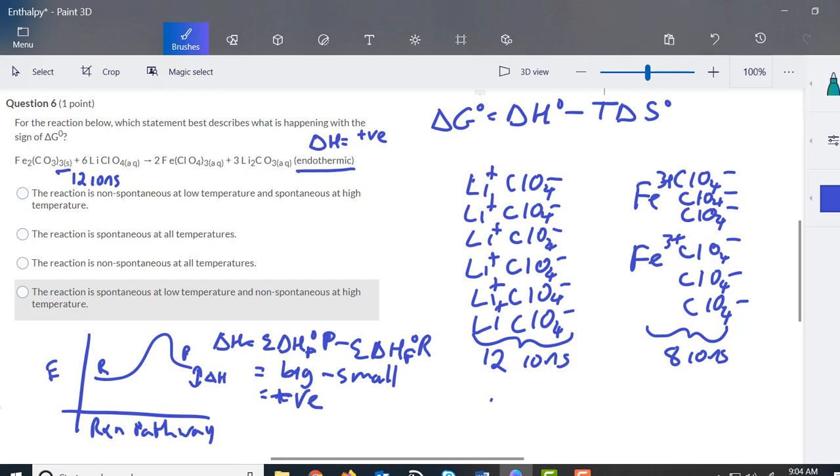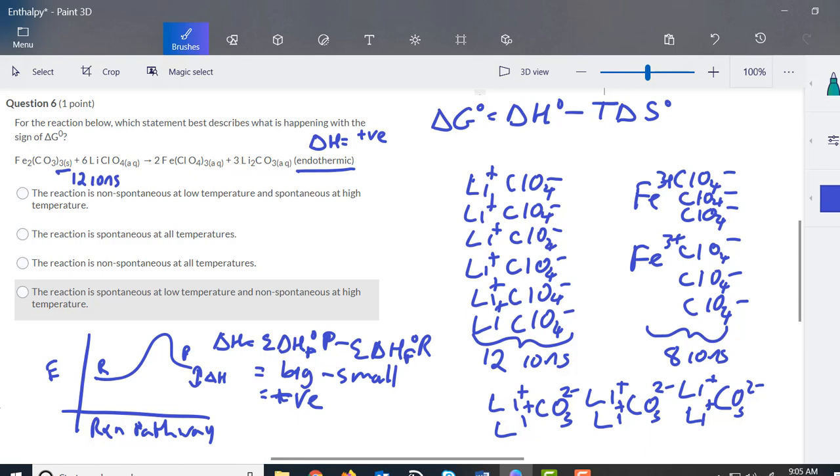I'll squeeze them in down here. If you count those up, you'll see there's 1, 2, 3, 4, 5, 6, 7, 8, 9.